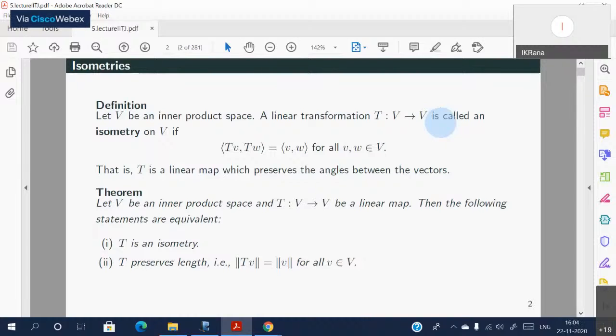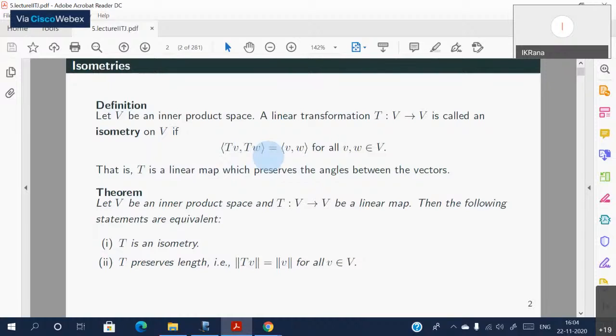Now, because there is an additional structure, namely the angle available through the dot product, which we denote by this bracket, we will say that a linear transformation is an isometry if the inner product of V with TW is the same as the dot product of V with W. That means if you take two vectors V and W and take their images TV and TW, then the dot product between the images and between the original vectors is the same.